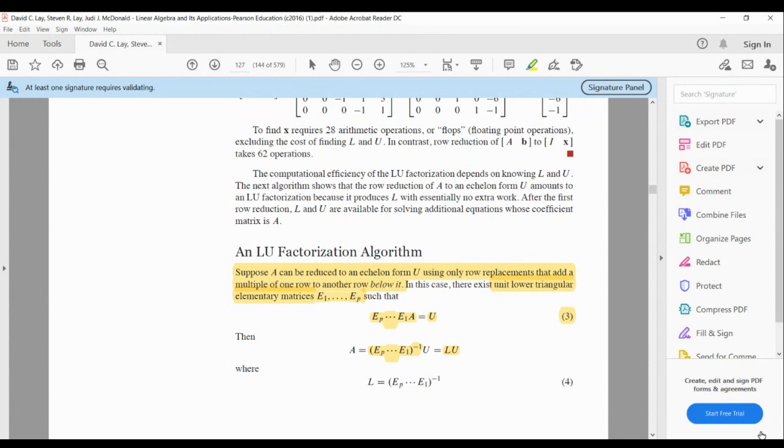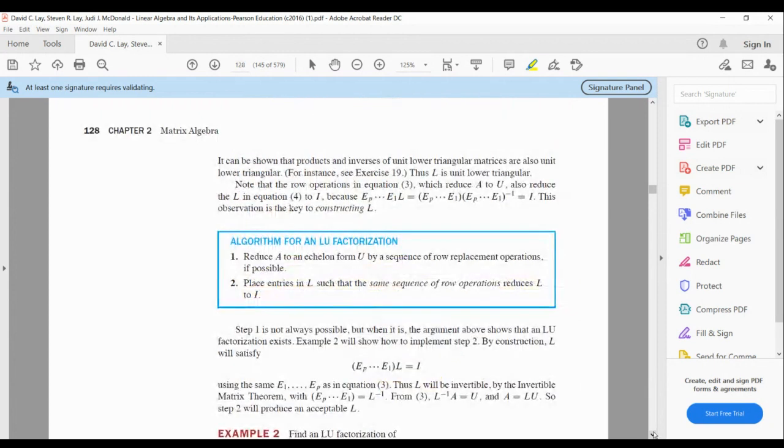So this means that the lower unit triangular matrix L can be represented by the inverse of the product of these elementary matrices.